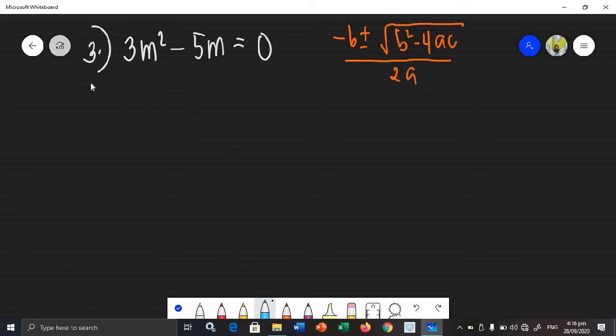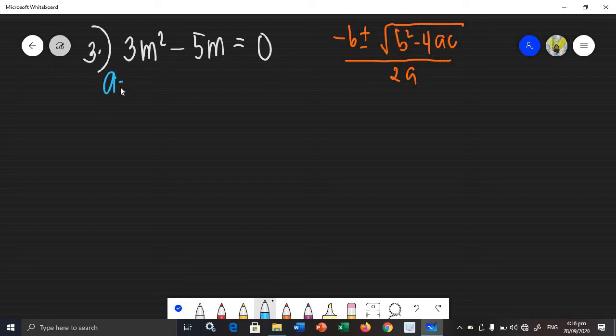And then, so ito, napansin nyo, meron lang dito sa given is quadratic term and then linear term. The constant term is missing. You have no problem solving this using the quadratic formula even though wala yung constant term. Pero naka-standard form naman siya even though wala siyang constant term.